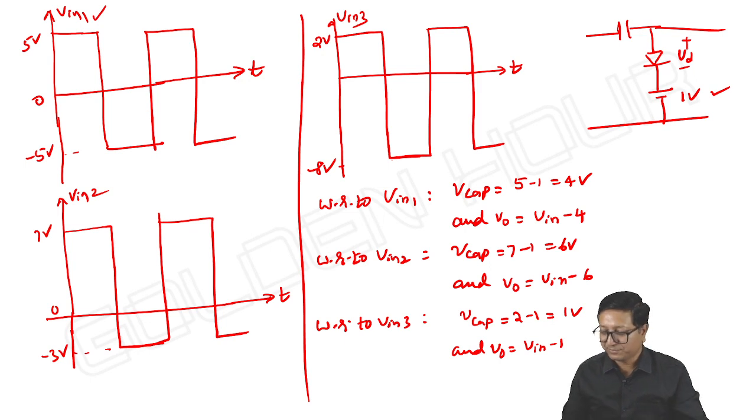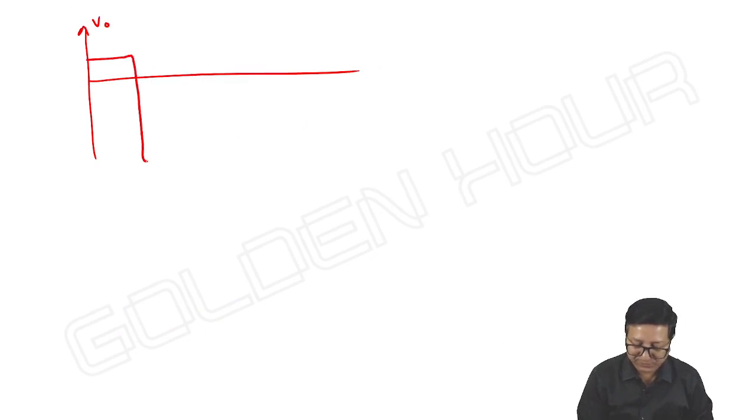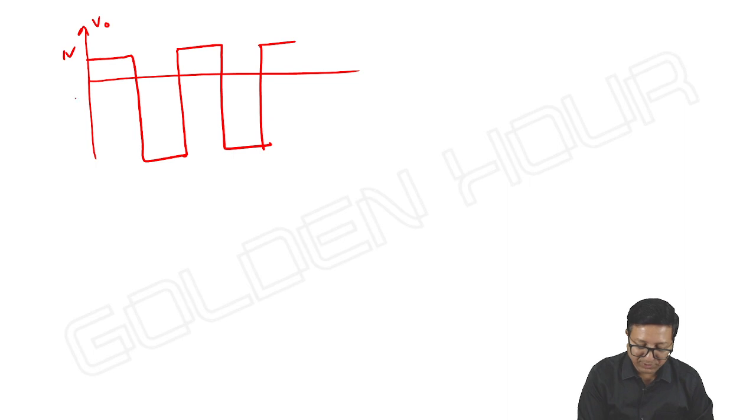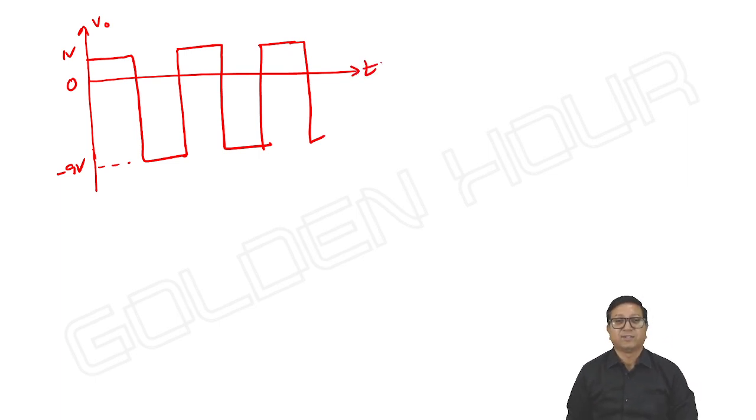So, in all the 3 cases, our output is this way: 1 volt, 0 volt and minus 9 volt. That's it.